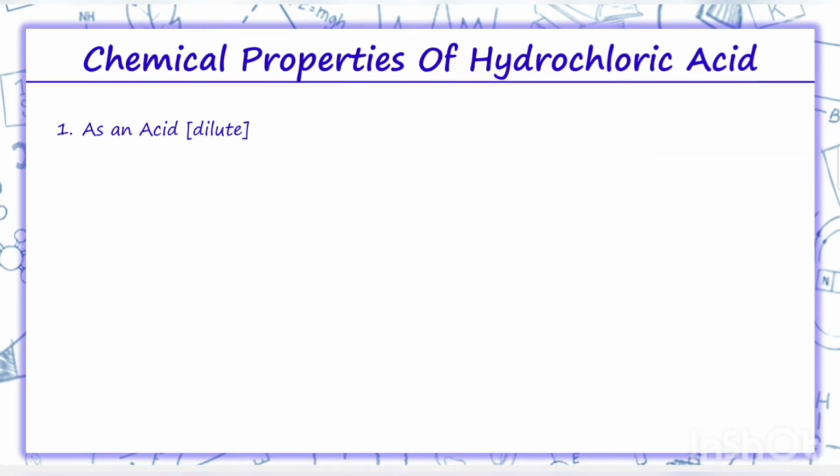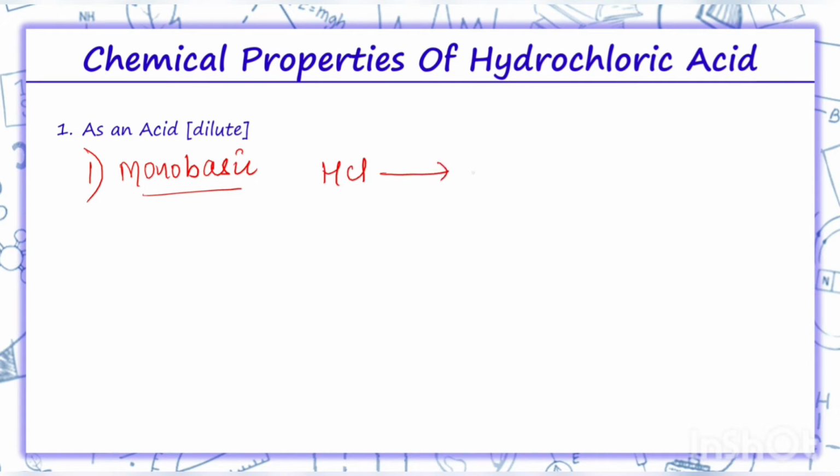Coming on to chemical properties of hydrochloric acid. So as a dilute acid, the very first property is that dilute HCl acid is monobasic, and it also exhibits acidic nature. Now how do we say it is monobasic?